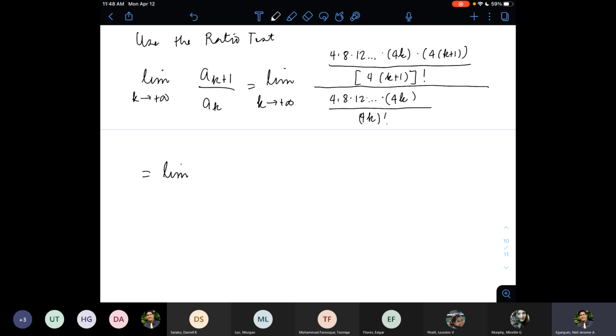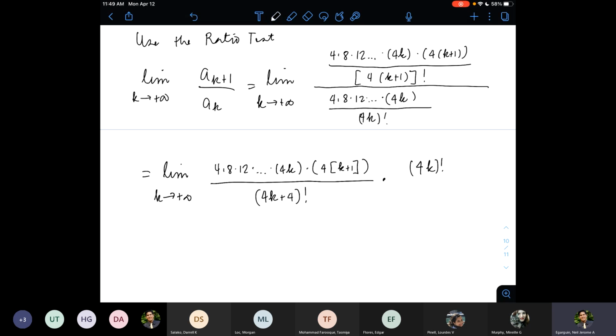Now I will write it as a product and see what cancels. So I'll have 4 times 8 times 12 until 4k times 4 times k plus 1, all over 4 times k plus 1 factorial. Or basically, I can expand that. I can write it as 4k plus 4 factorial times 4k factorial, all over 4 times 8 times 12 until 4 times k.